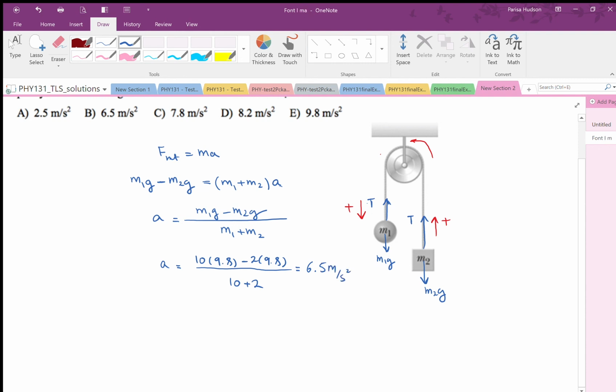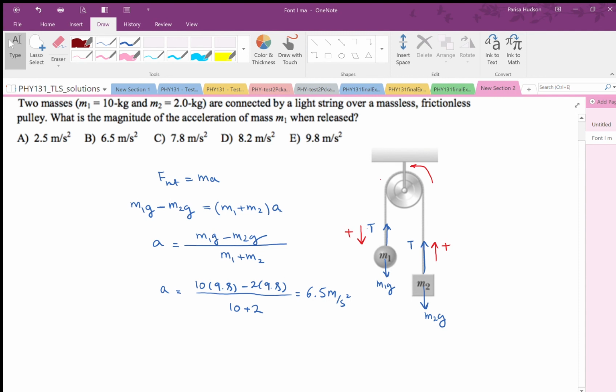And meters per second squared is the unit of acceleration. So m1 is going down with an acceleration of 6.5 meters per second squared, and m2 is moving up with an acceleration of 6.5 meters per second squared. So the answer would be part B.